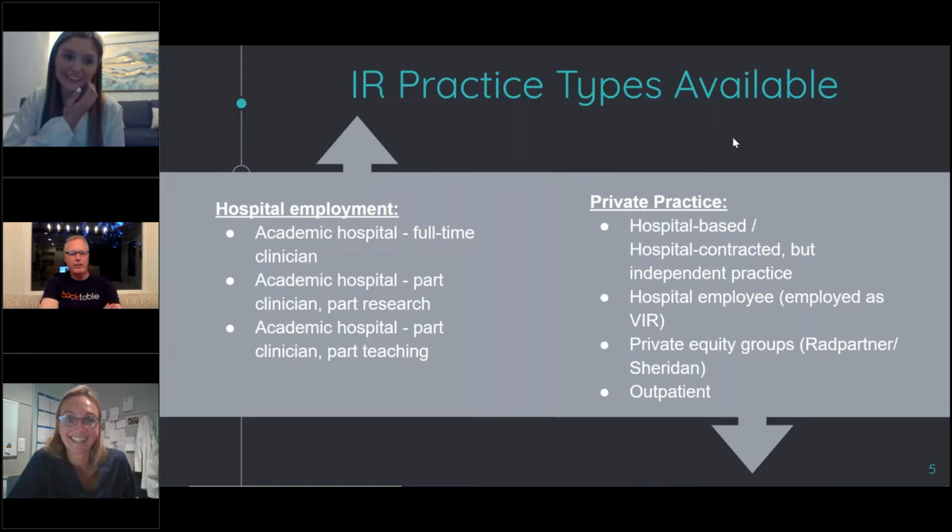I guess it's a control issue. If you're a hospital employee, you give up control. You're subservient to somebody else, and the revenue that you generate is mostly going to somebody else, the hospital and the administrators.